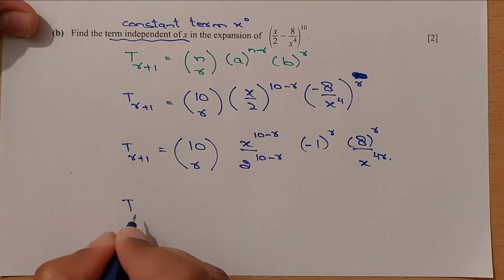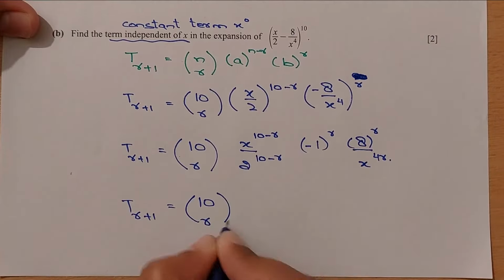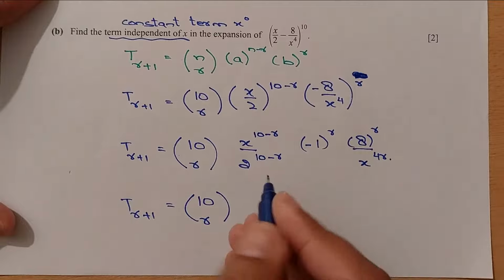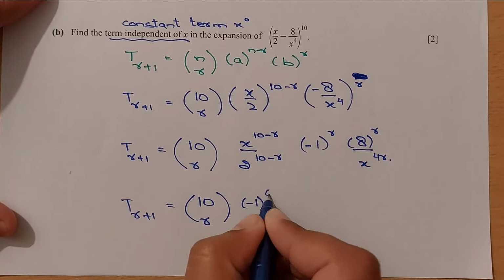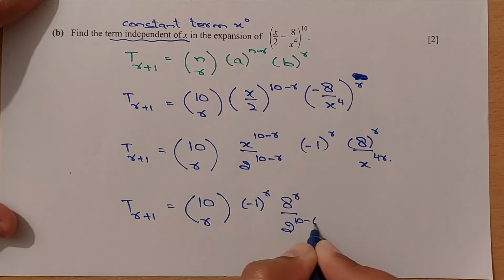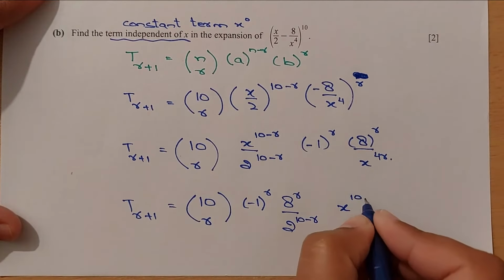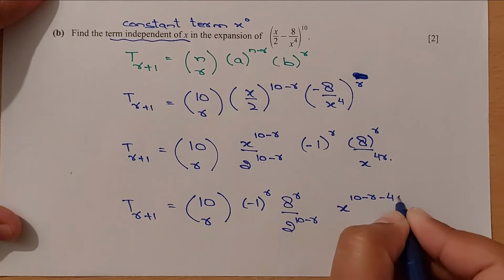So in the next step, T(r plus 1) equals 10Cr. What are the powers for x? So we have minus 1 power r, 8 power r, 2 power 10 minus r. Let me solve for the x. X power is 10 minus r minus 4r, right?